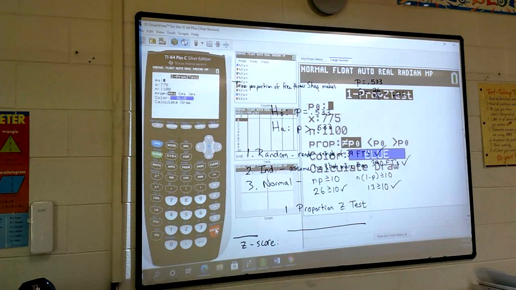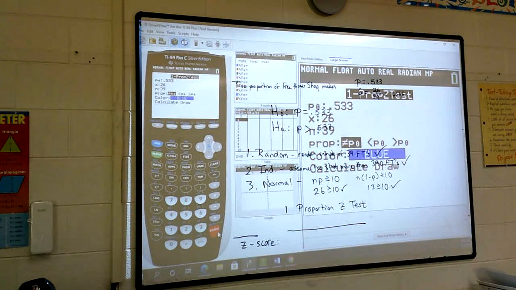So the first number is asking, you see that little O beside it, that's the null hypothesis. That's basically what it was in his career, right? So that is 0.533. The X is from our sample, so 26 out of 39. And then you look at the next line, you see either a not equal to, a less than, or a greater than.